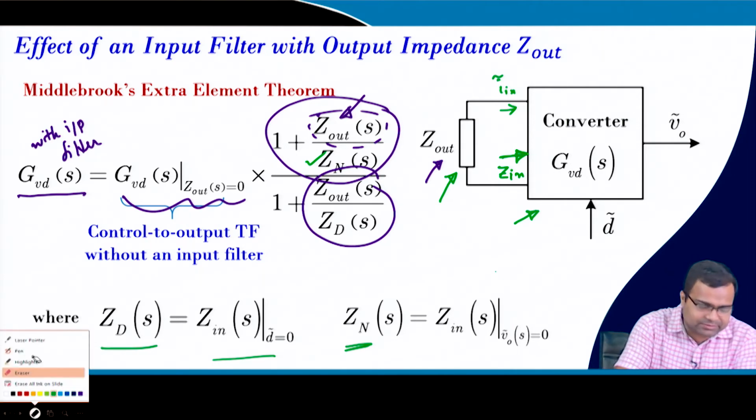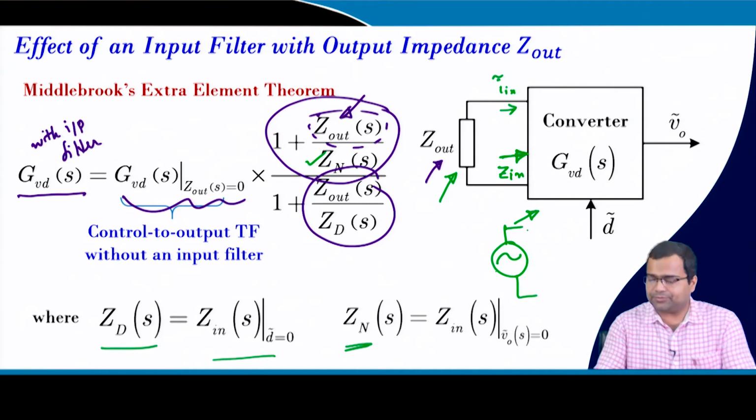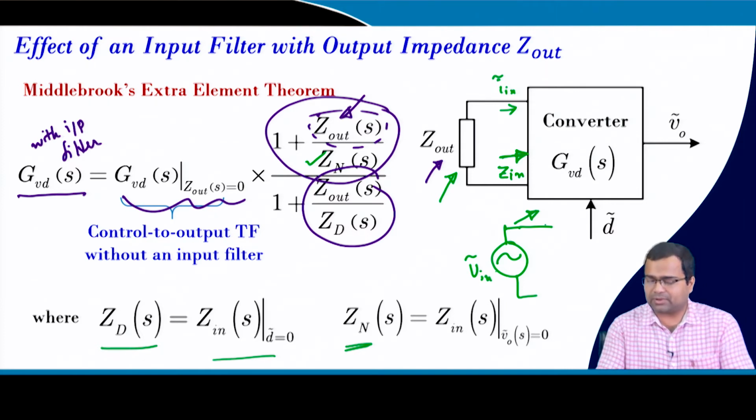That means if we apply an AC excitation, I am talking about the AC model from this side, this is my AC excitation and this is my input current of this converter.